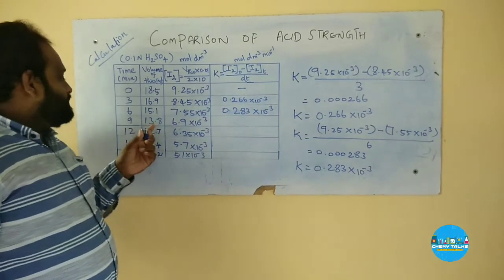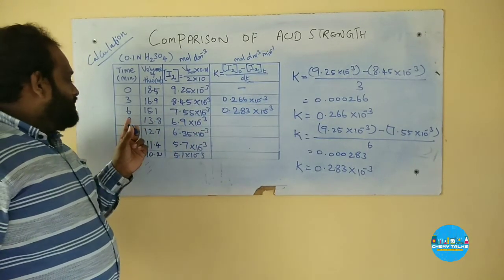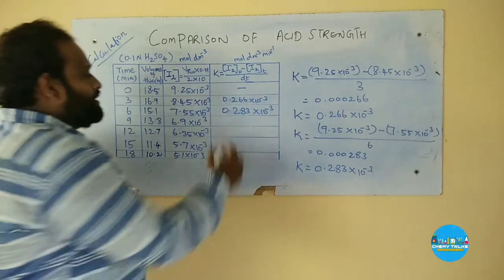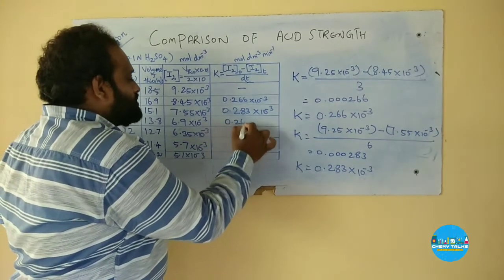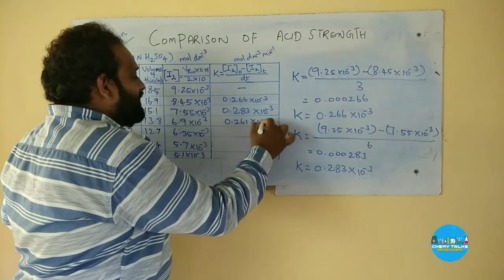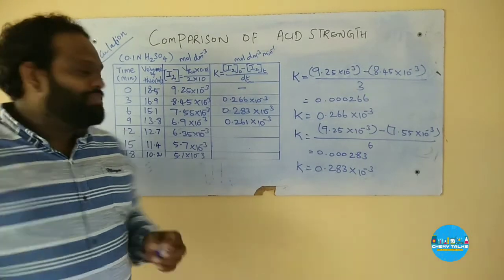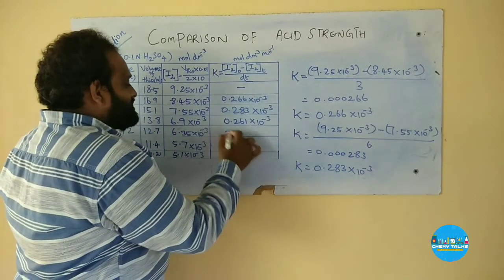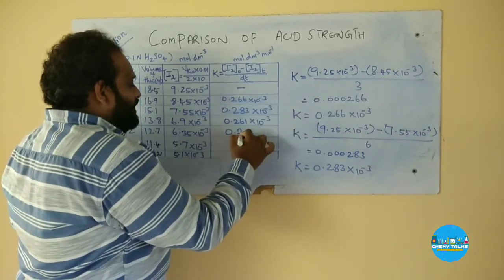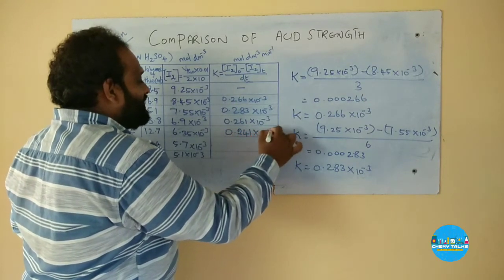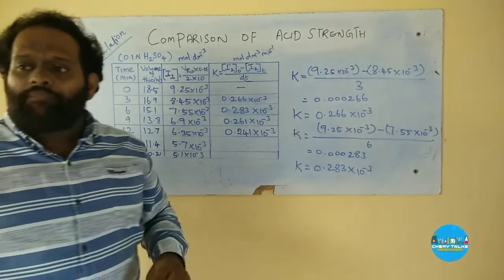For the time taken of 9 minutes, the rate constant is 0.261 into 10 power minus 3. After 12 minutes, we have calculated 0.241 into 10 power minus 3 using the same formula.